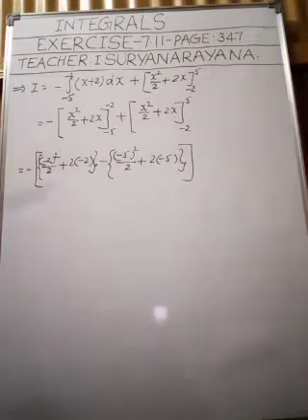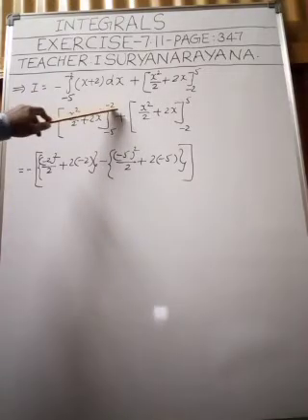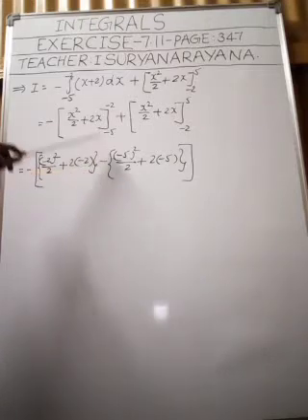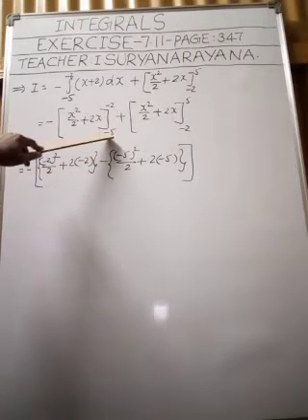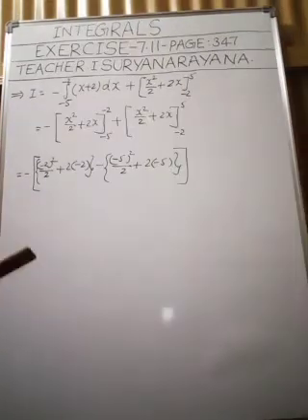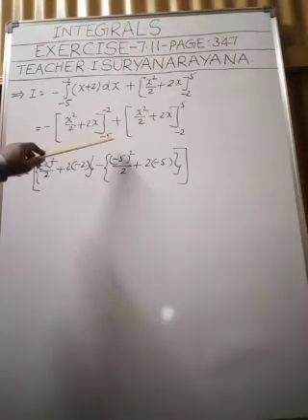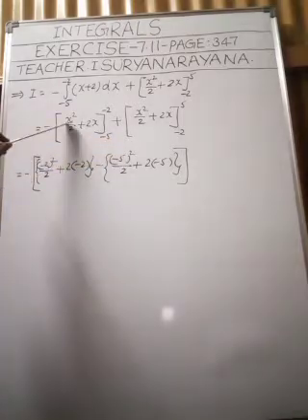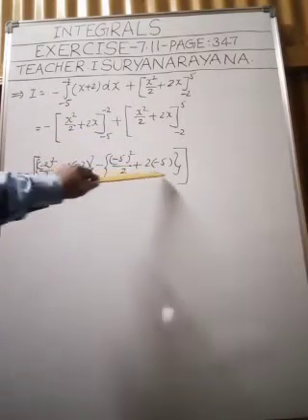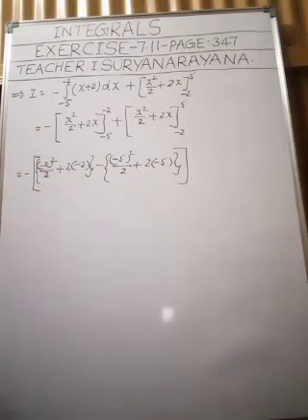In this function, we have substituted upper limit. We get these two terms minus, by substituting the lower limit, we get minus 5 whole square by 2 plus 2 into minus 5. Understood these two terms, my children? Right.